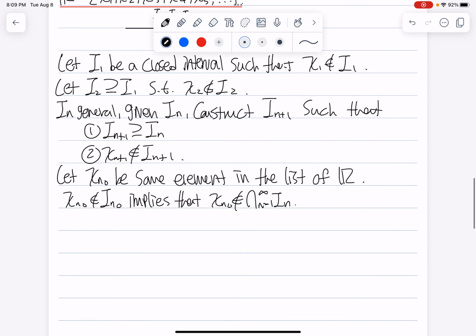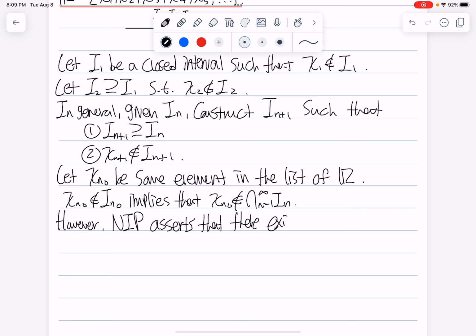Well, now here comes the punchline. However, the nested interval property asserts that there exists at least one element, let's say x, that is in the infinite intersection of our closed intervals.